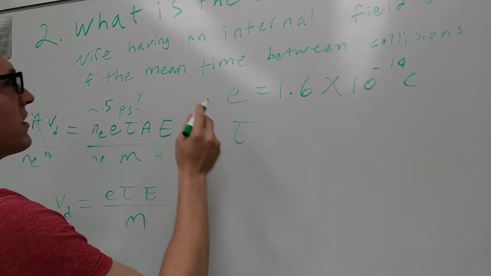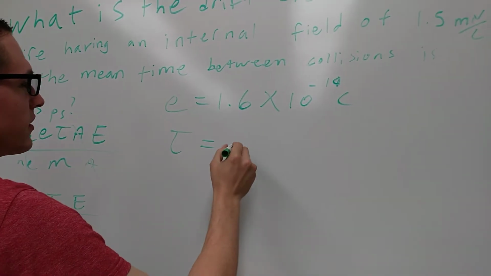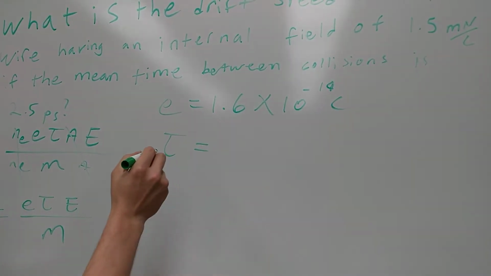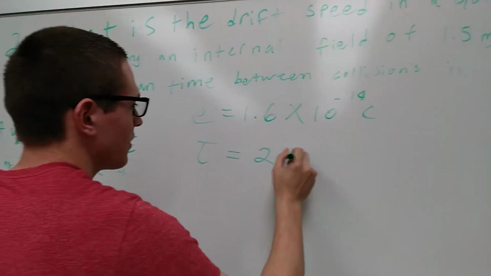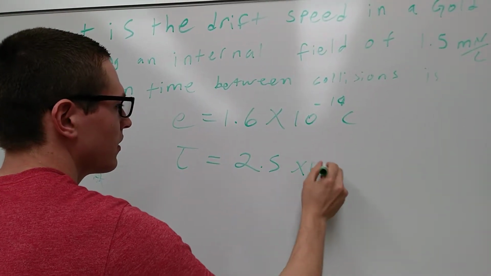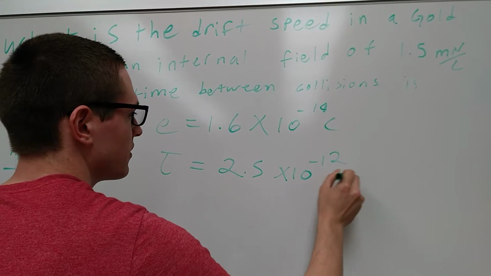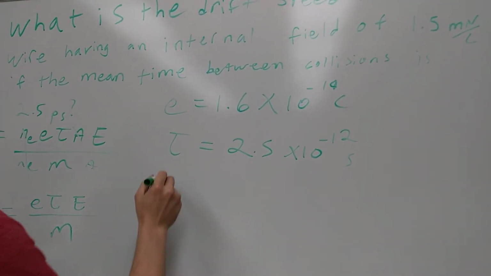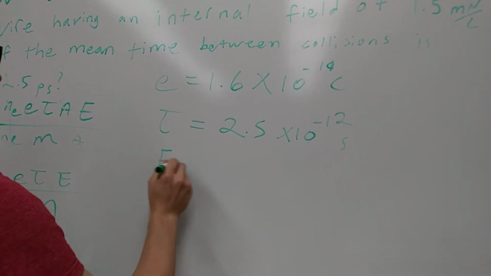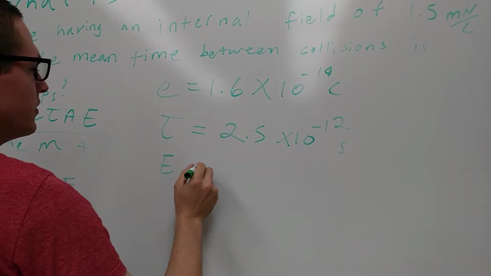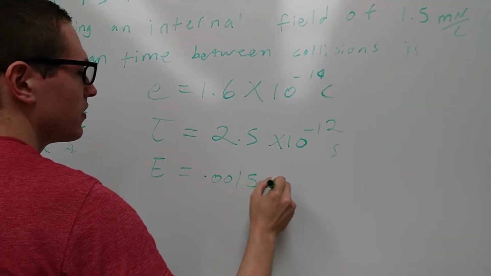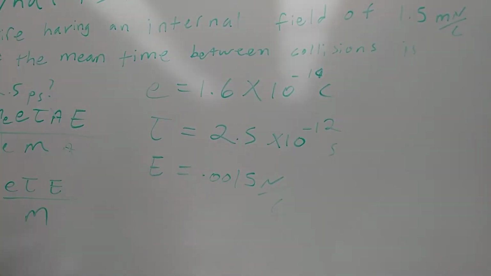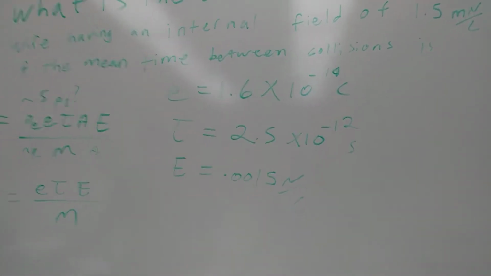Our tau is given to us in picoseconds, so we're going to convert that to regular seconds. And our electric field is in millinewtons, so we convert that too. Alrighty, there we go, so then we just need to put it all together.